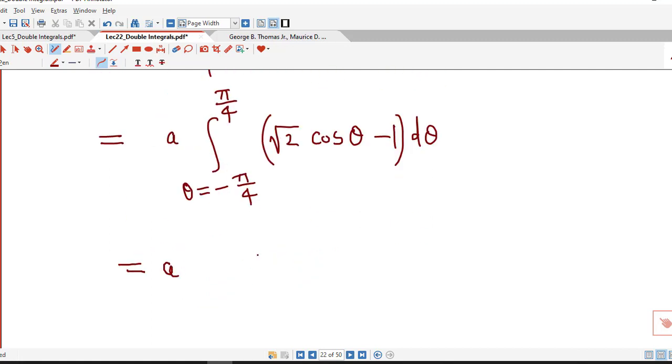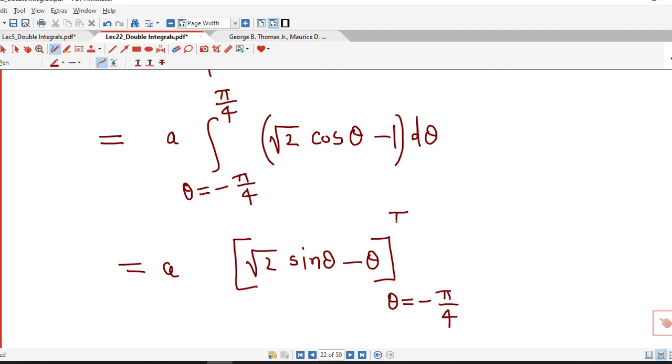So now we integrate with respect to theta. The integral of cos theta is sin theta. The integral of 1 is theta, and theta is from minus pi by 4 to pi by 4.